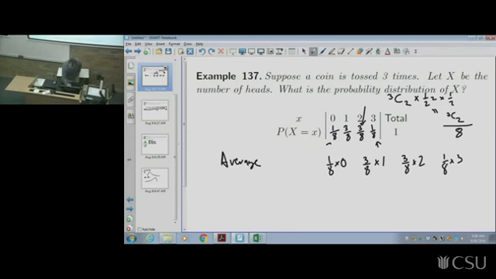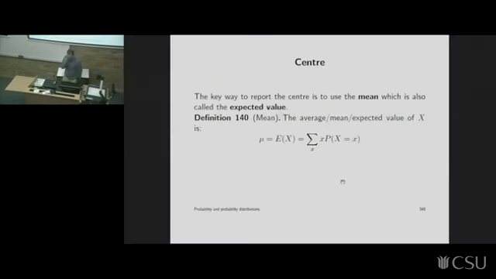So to work out an average really is about, as this formula suggests, getting each value x, multiplying by the corresponding probability, and then summing them all up. So this sigma sign here means the sum of. That's just a way of summing over all the different x values, x times its probability.